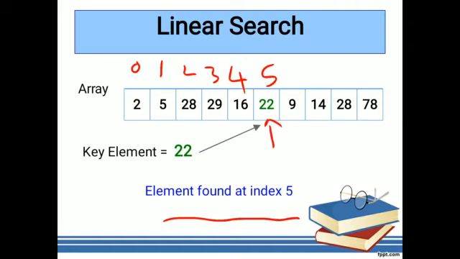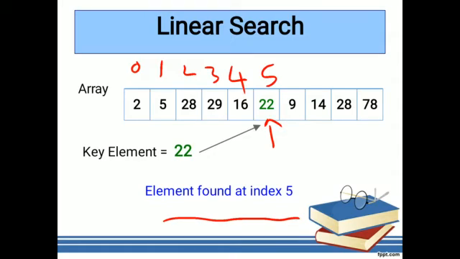Whenever the element is found, the code should come out of the loop. But what happens? Even when the element is found, the code does not come out. It will search for the element again. So to stop the code, to come out of the loop, we simply write the break statement here.